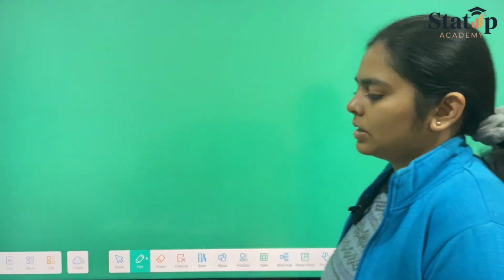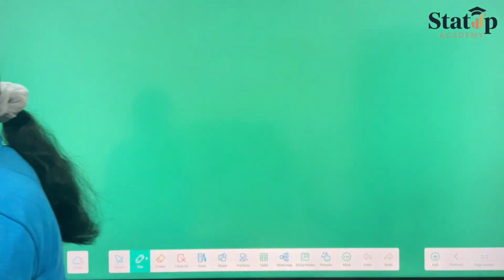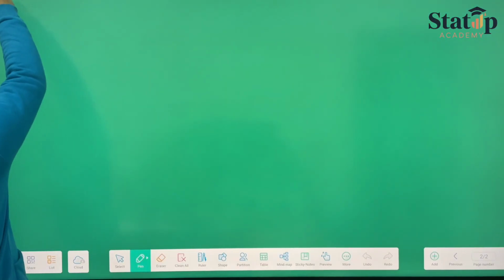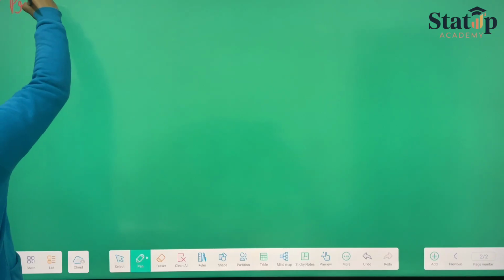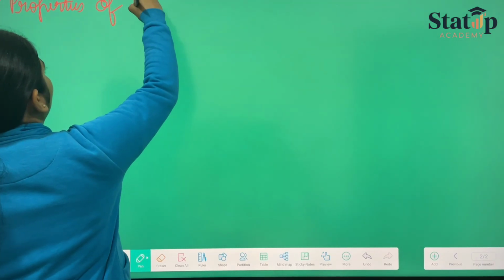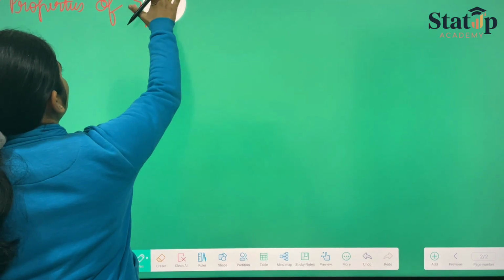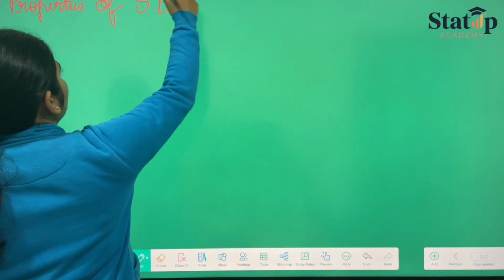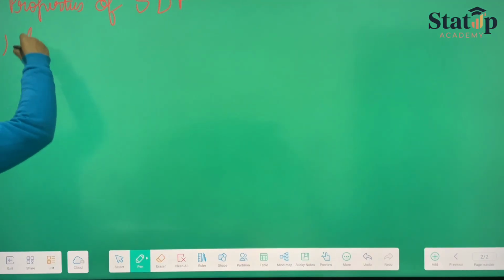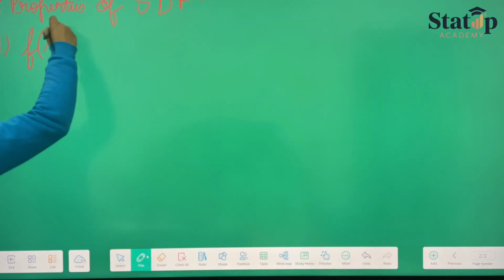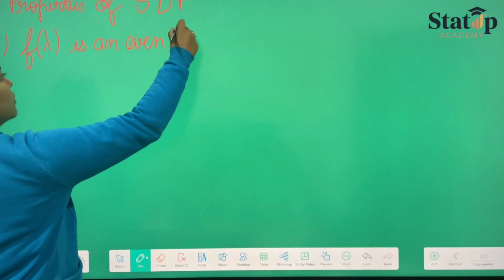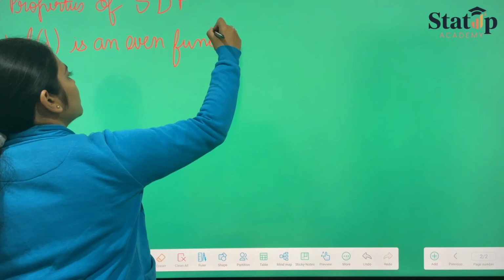So now there are some properties of the spectral density function. The first property is f lambda is an even function. What does this mean?